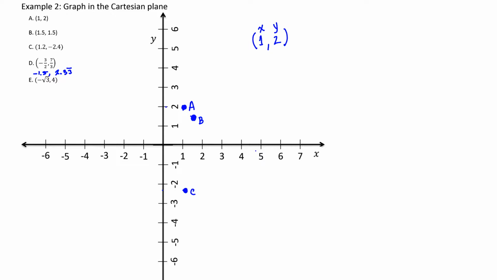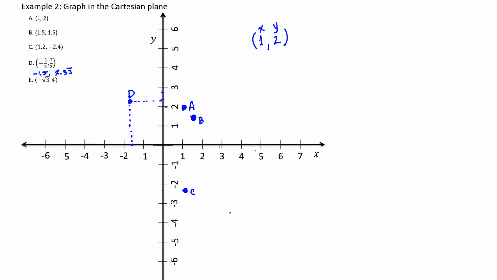Okay, so the negative 1.5 is right here. That's the x. And then 2.33333, despite the fact that it's a repeating number, is 1/3 in between 2 and 3. So it's going to be somewhere around there. And that's going to be D.